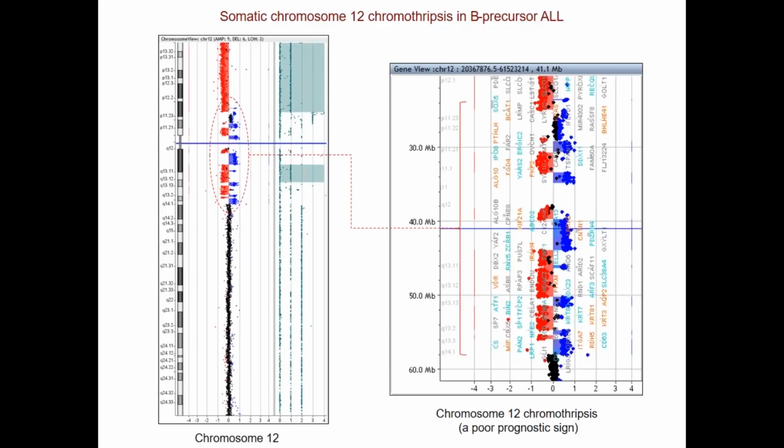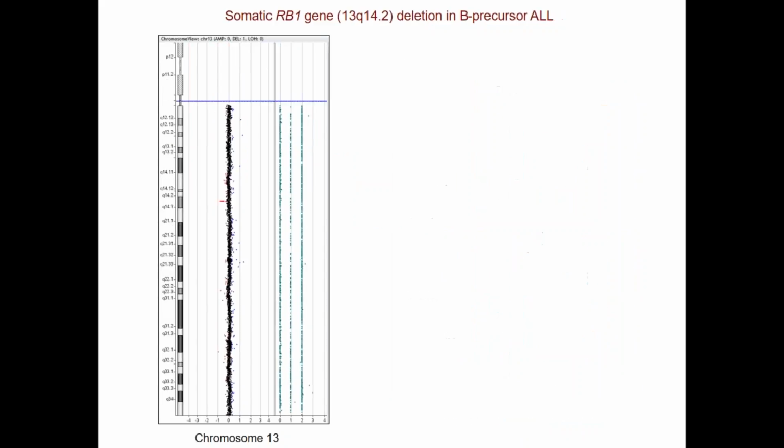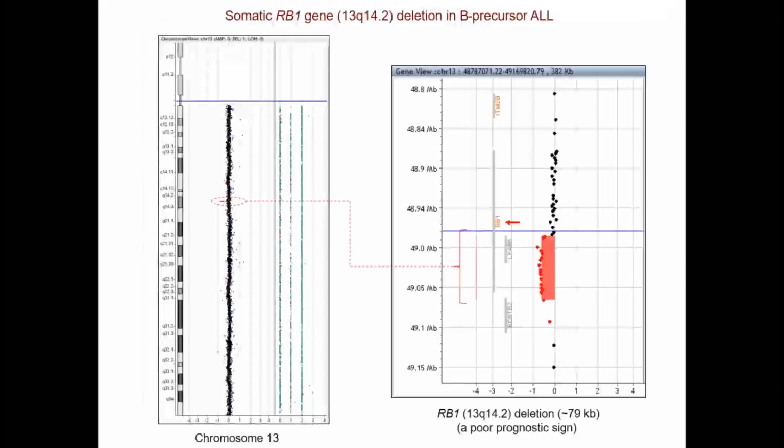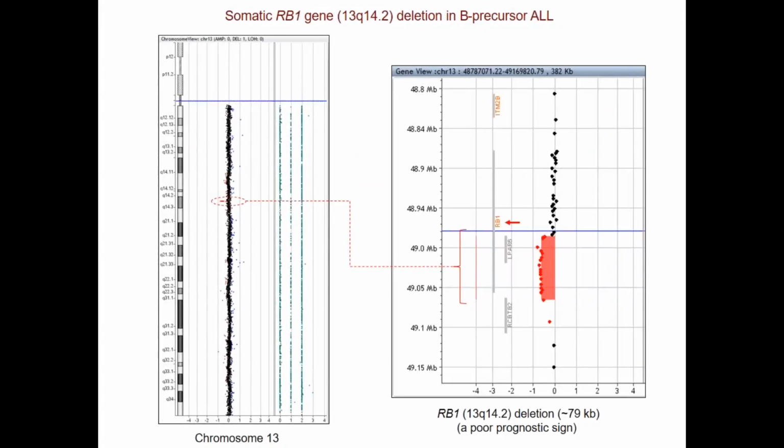A patient that has B precursor ALL, or acute lymphoblastic leukemia. Here is chromosome 7, which shows a deletion. It's basically a single gene deletion for a very clinically significant gene called the IKZF1 gene. It's a very poor prognostic sign. Chromosome 9 has a whole chromosome arm loss.